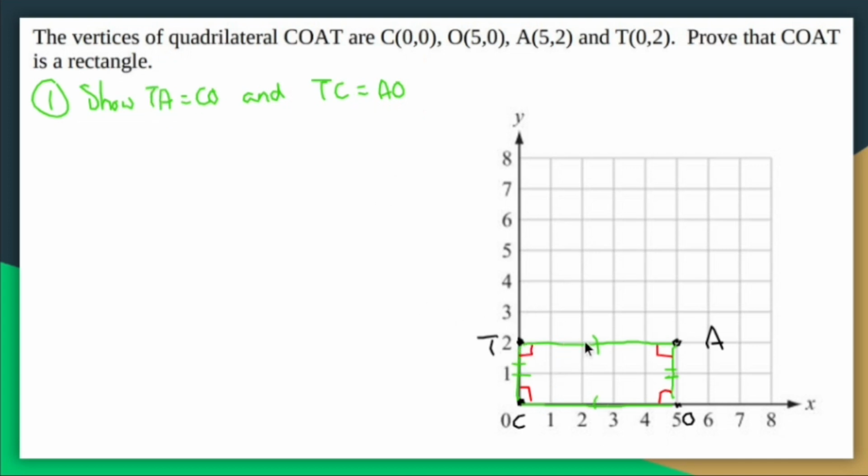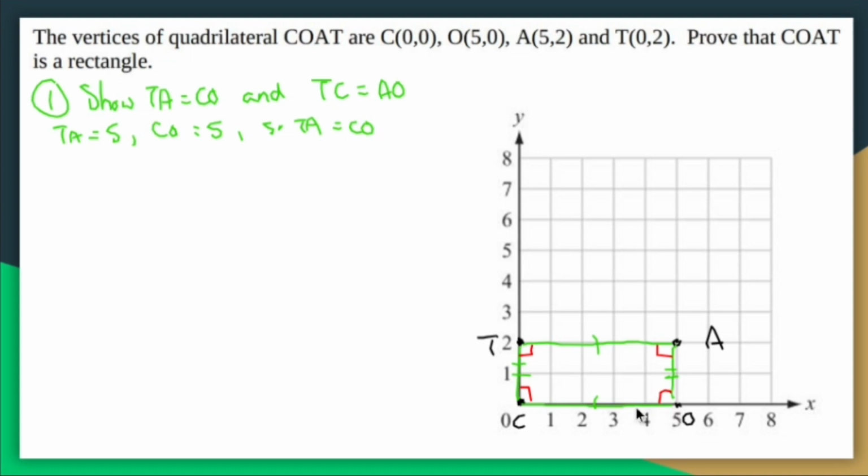TA is 1, 2, 3, 4, 5 units. So TA is 5. CO is 5. So TA is CO. If these lines weren't so pretty, I'd have to use the distance formula.